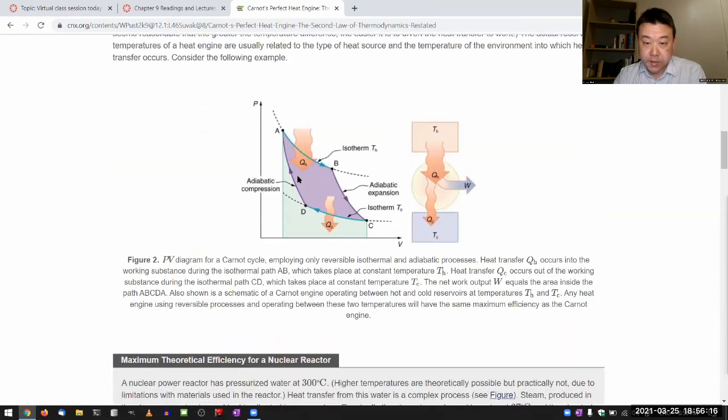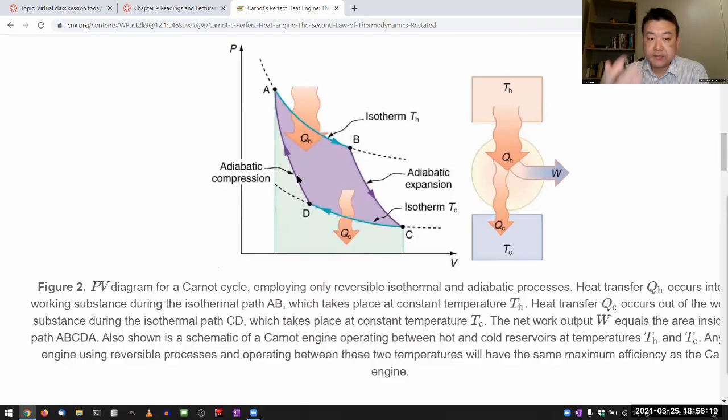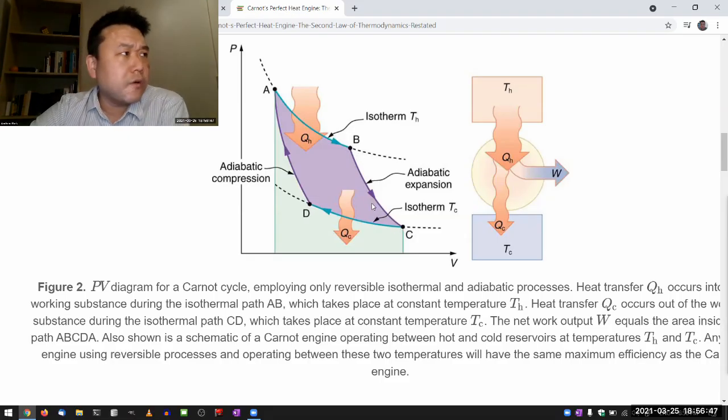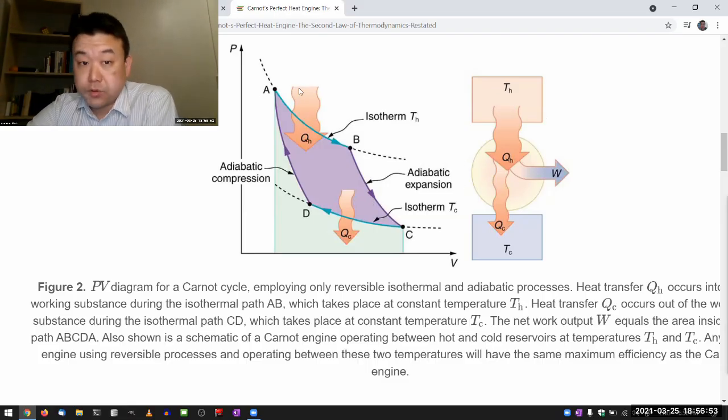But when you look at this process, this is what idealized means. When the engine expands, when it's doing the power stroke, it's moving so slowly that the engine is always at a constant temperature. It's moving along this isotherm that represents this hot temperature. The second part of the power stroke, the adiabatic expansion, is included because heat transfer can be a source of inefficiency. We want heat input to take place at the highest temperature possible.